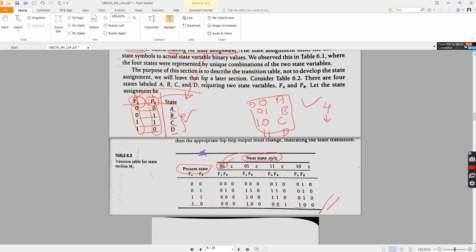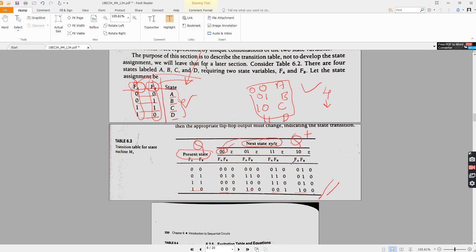Present state is Q. What is the next state? Q plus. So present state is Q and next state is Q plus. Is it understood by everyone?